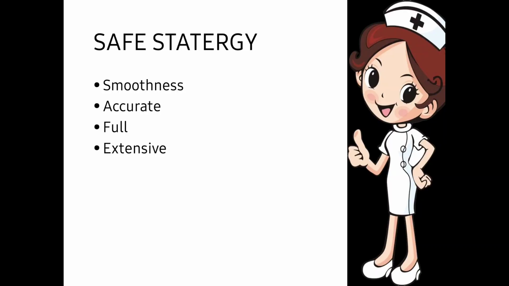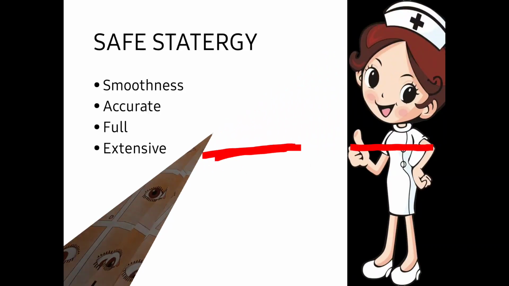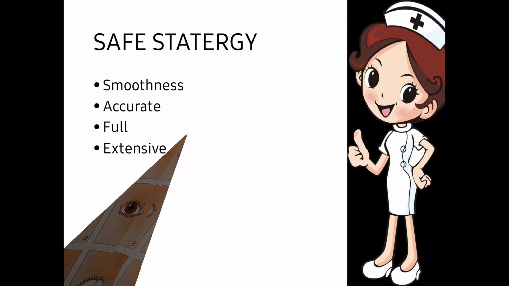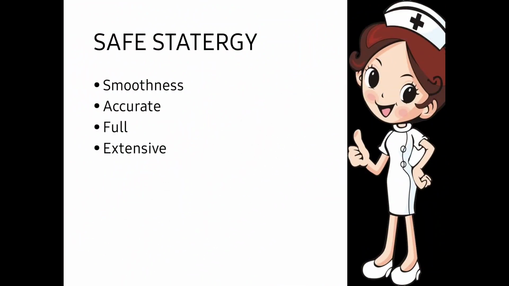F, full. The eyes should be fully moved. For example, here the torchlight is somewhere present, and the eyes will be fully moved to the torchlight. E, extensive. The eye should be extended to the point where the torchlight is present. So this one was the SAFE strategy.